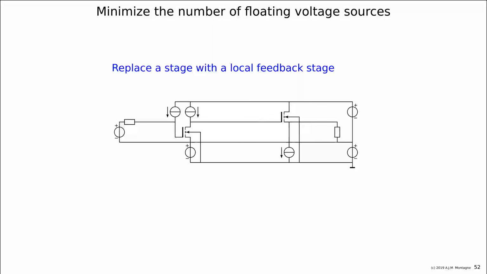So you can also say we insert such a stage in the signal path just to get what we call a level shift. The output voltage at the source of this stage is lower than the gate voltage, which is the drain voltage of the preceding stage. So this is also a method, inserting such a stage.